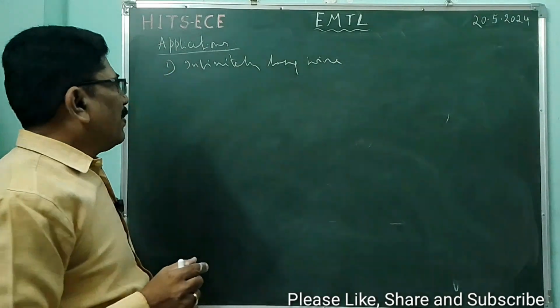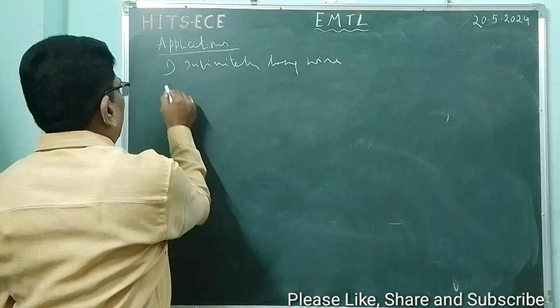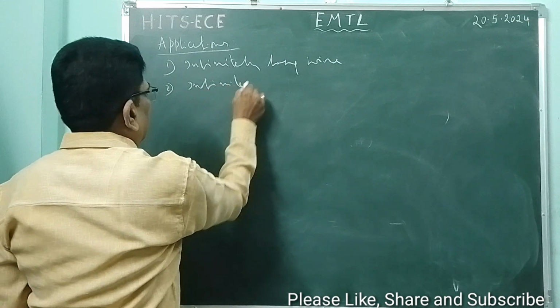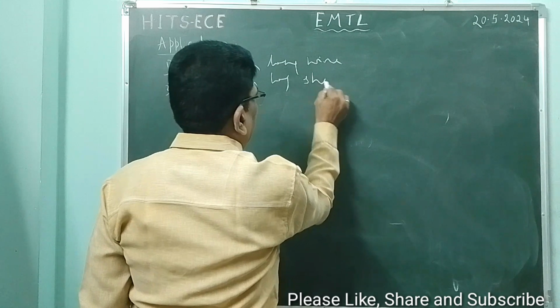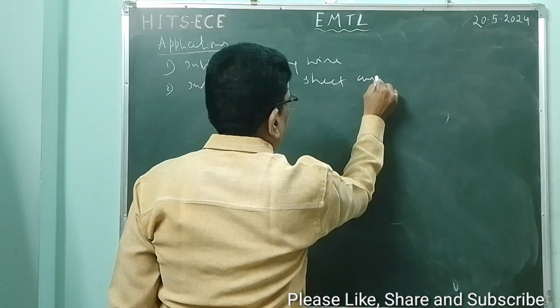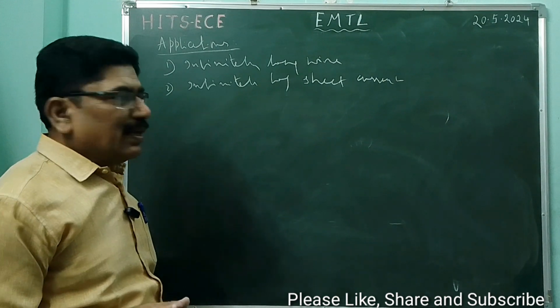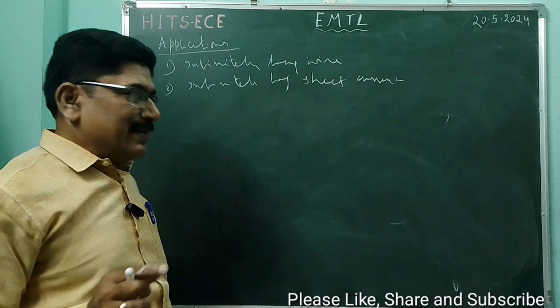We need to find the magnetic field intensity for this infinitely long wire. And second one is infinitely long sheet current. Sheet current means in the infinitely long sheet, current will be flowing. For that, we will find the magnetic field intensity.